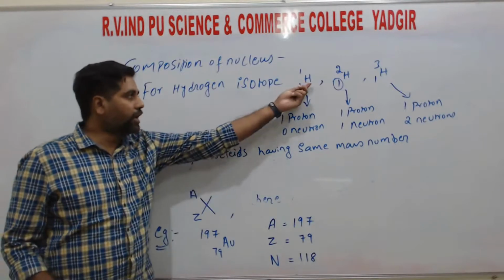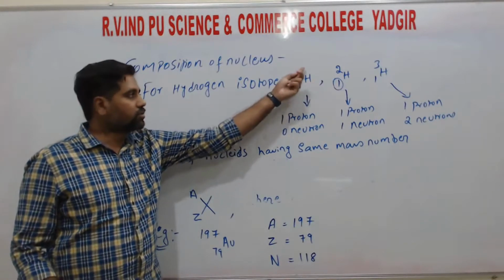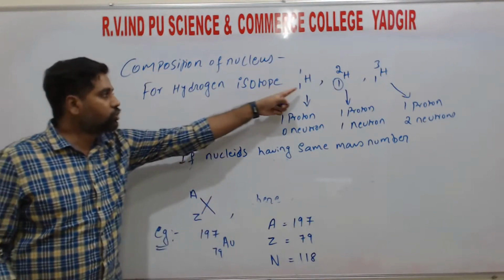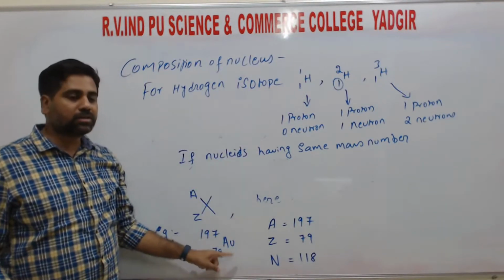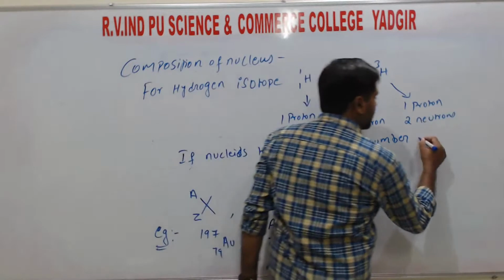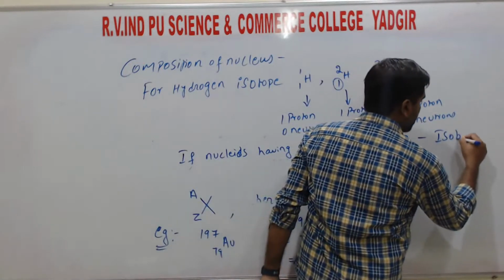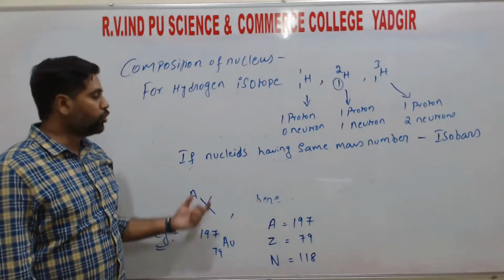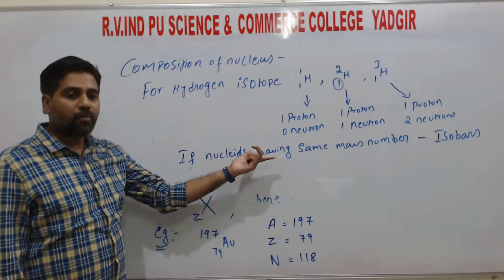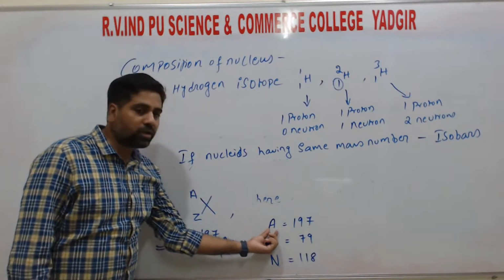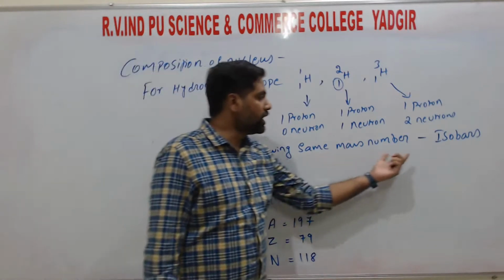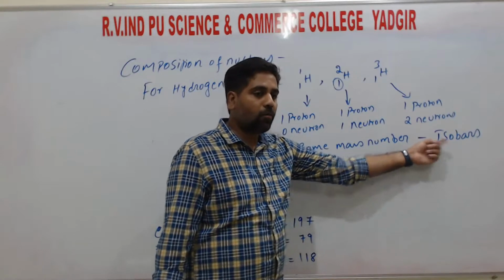If I consider one nucleus of hydrogen and another nucleus of gold, and these two nuclei have the same mass number, then we call them isobars. So what are isobars? The nuclides having the same mass number. That means the A value is the same for two different nuclei. Then those nuclei we call isobars.